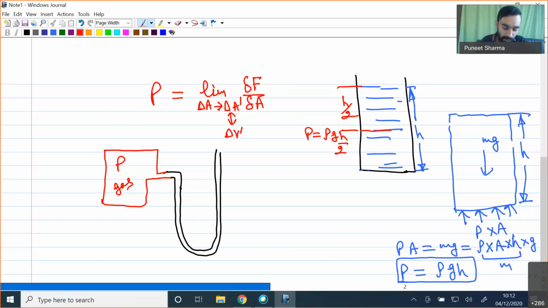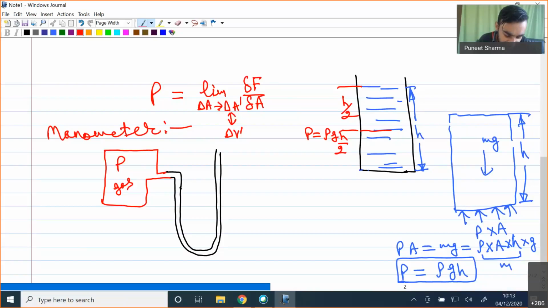We have this gas over here, and we have connected one U-tube like device. This type of device is known as a manometer. It is nothing but a mechanical arrangement which is used to determine the pressure.